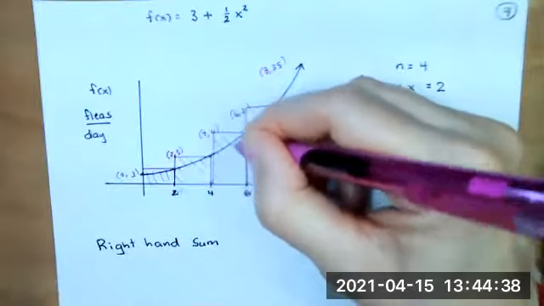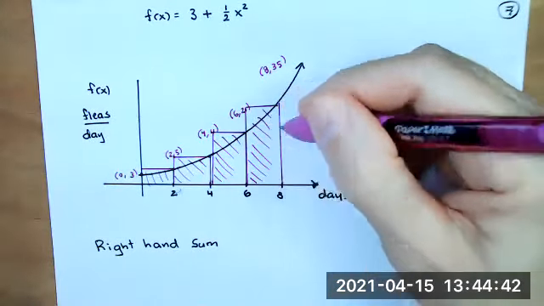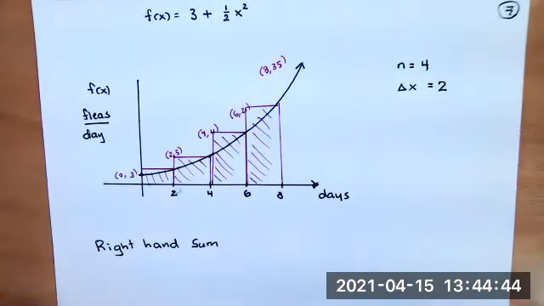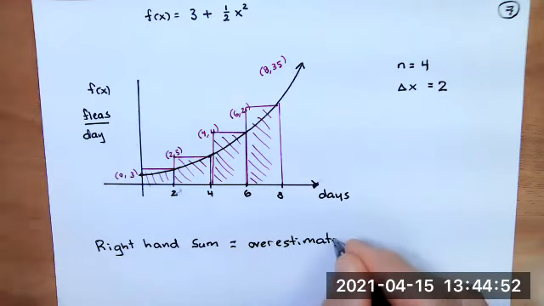So is the right-hand sum going to be an underestimate or an overestimate? If you said overestimate, that would be correct.